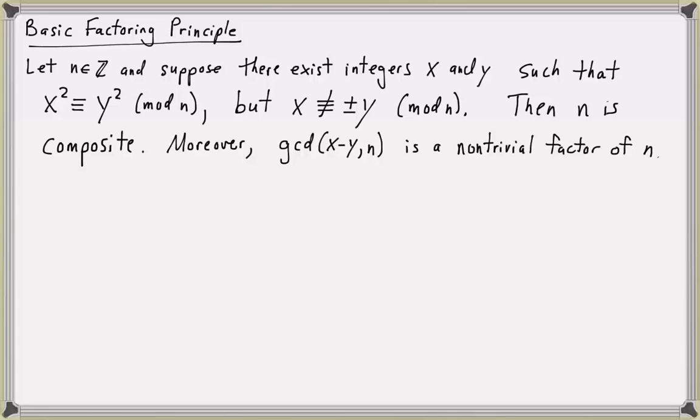This basic factoring principle is the basis for the best current factorization methods. So let's get the proof of this result. Let d be the greatest common divisor of x minus y and n. We will show that d can't equal n and d can't equal 1, and therefore d is a non-trivial factor of n.